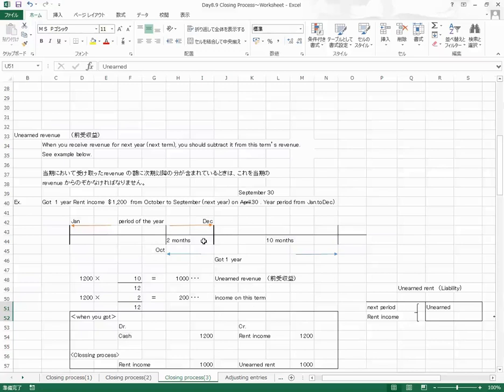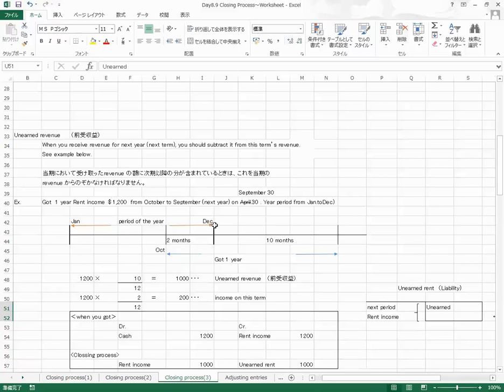The key point is we should calculate what we earn and what we expense in this term, not next term. That is the point. So one year terms depend on each company, each country.